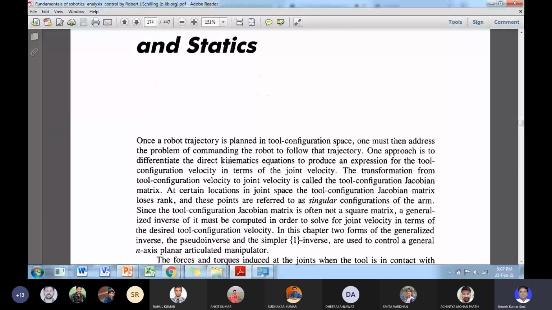One approach is to take differential equations that represent the velocity and kinematic equations, depending on the tool configuration velocity in terms of joint velocities.